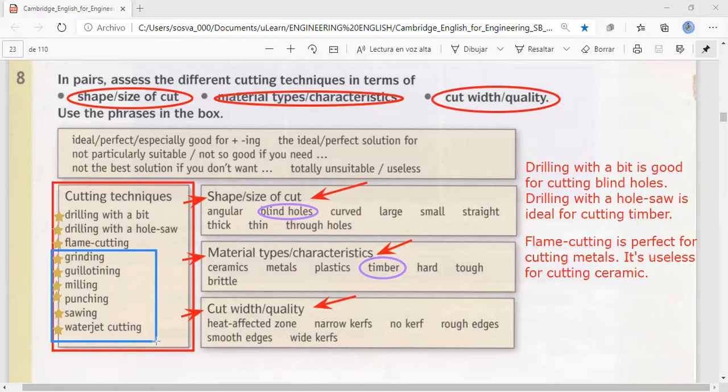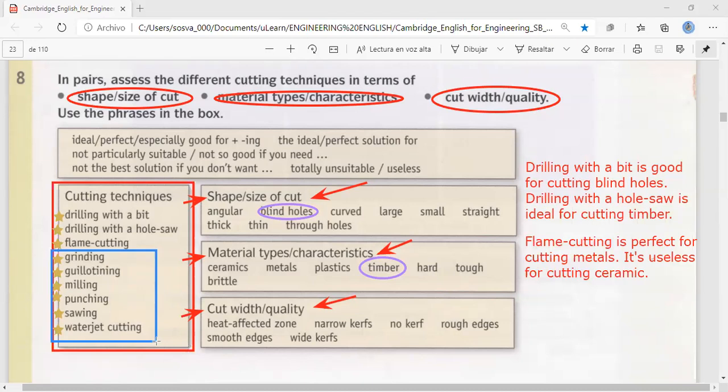Or maybe you want to talk about the shape. I use grinding if I want to cut small pieces or components, or if I want to cut thick material or thick components. It depends on you, or you can combine all of them. For example, milling is good for cutting metals, and it's unsuitable for cutting timber.